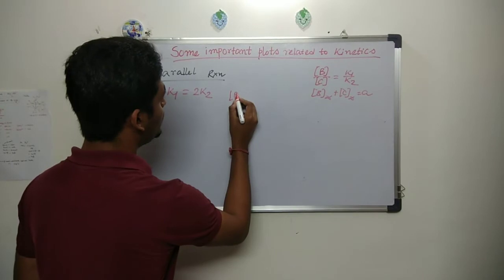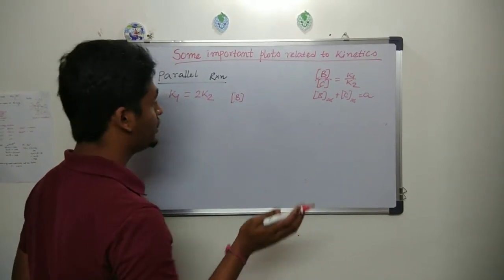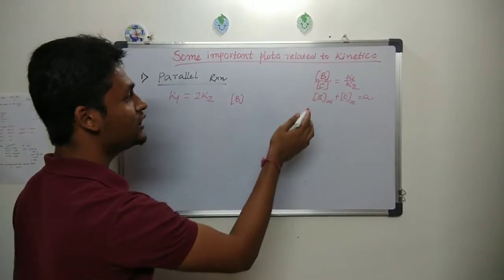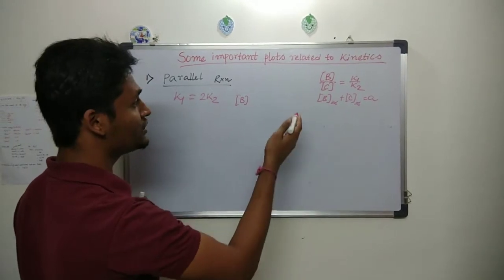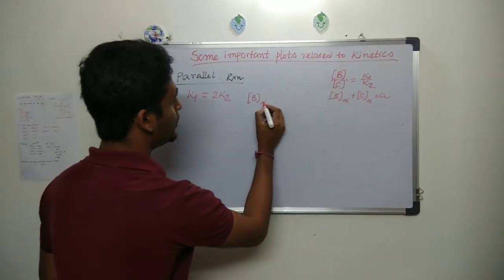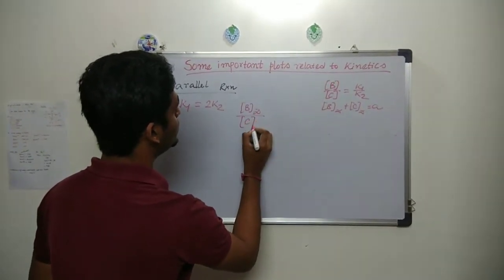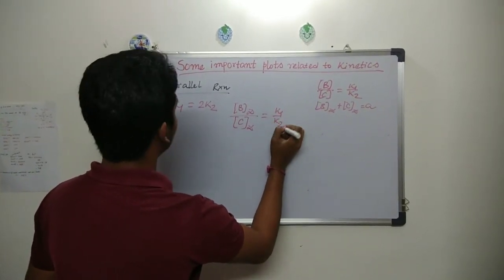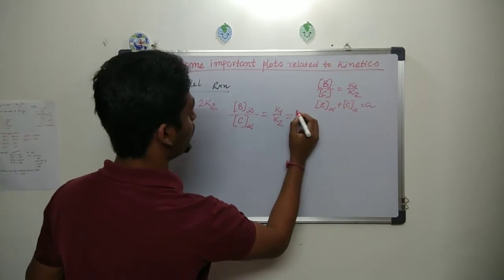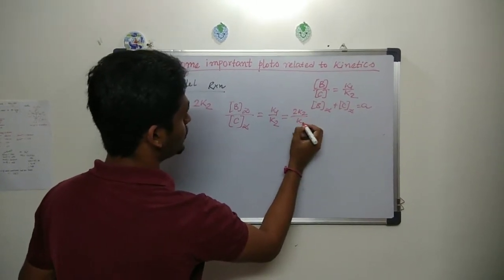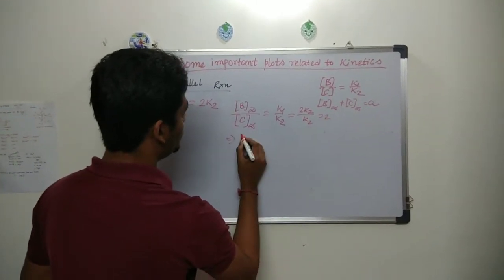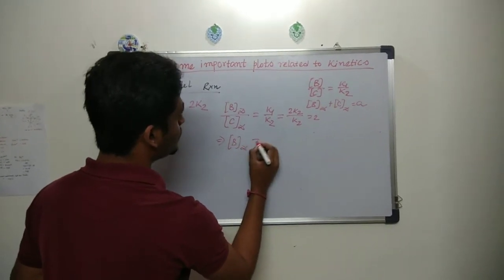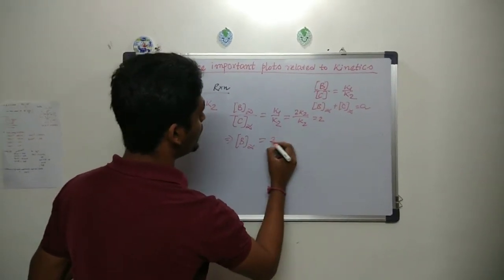I already told you that at any instant the ratio of the concentration of B and C will be equal to K1 by K2. So taking B infinity and C infinity, that is equal to K1 by K2. What is K1? That is 2K2 by K2, so that is 2. So B infinity will be 2C infinity.